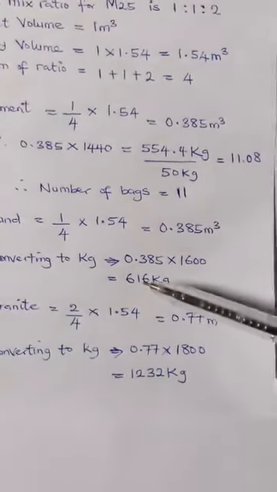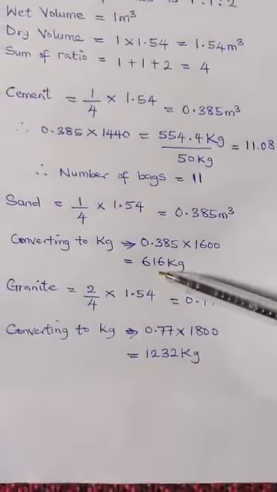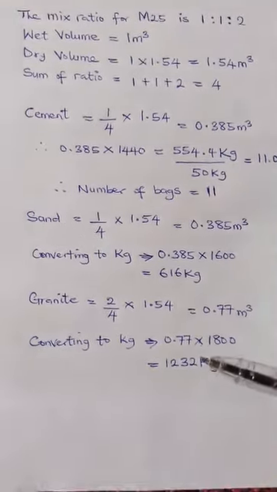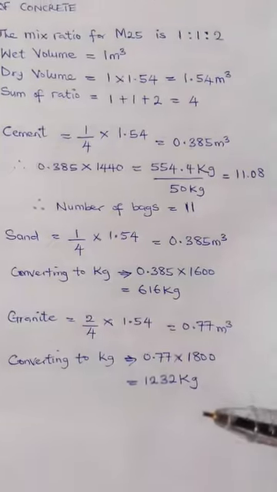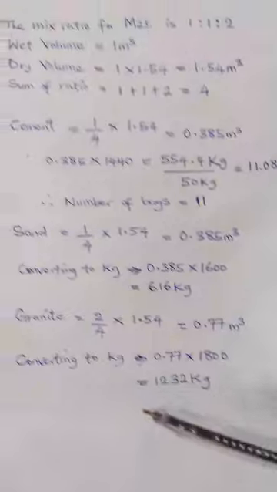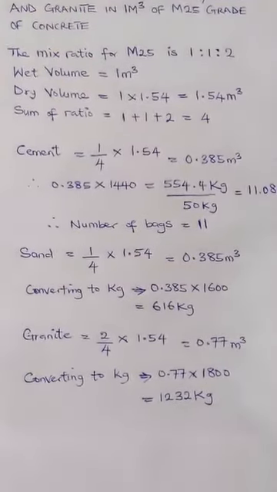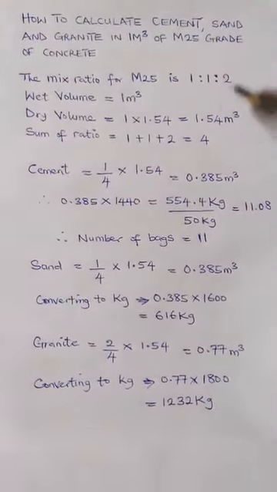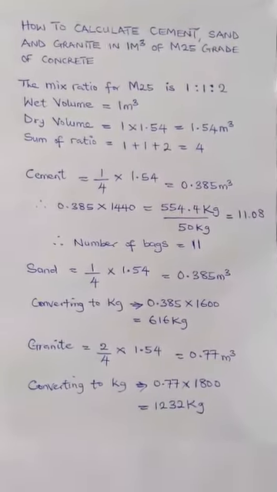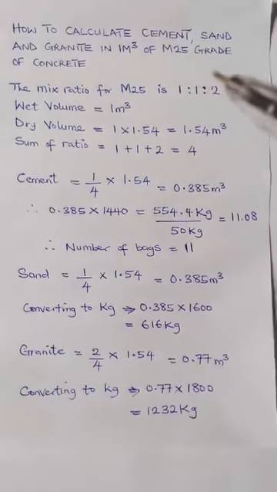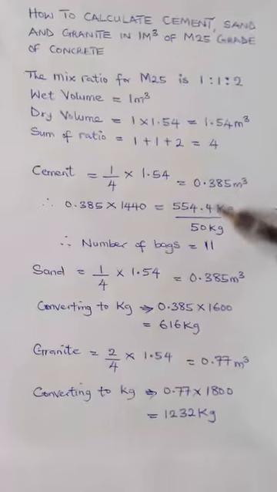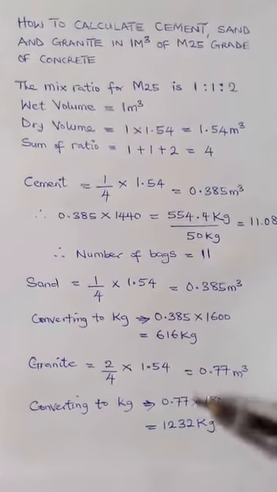Then you multiply by the sand figure to get the weight of sand for that specified quantity. You also multiply by the granite figure to get the granite. So this is how you're expected to go about it, to calculate the quantity of cement, sand, and granite in 1 cubic meter for grade 25 concrete.